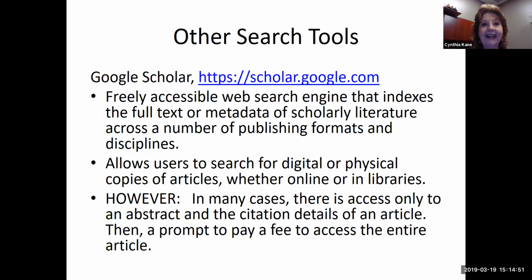You click on the link and you suddenly are taken to a publisher's website, which might be the publisher of the journal. And that publisher's website may say, yes, you can have the PDF of this article if you pay $25, $30, $50, whatever they might be charging.